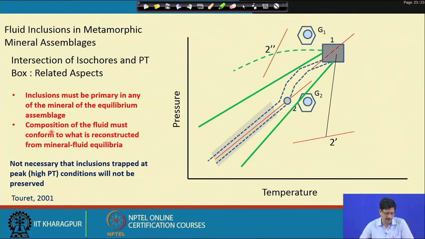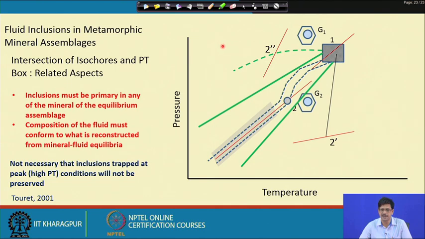This actually is a very intricate exercise, because if there is a mineral assemblage in which we are able to write a reaction to represent the particular assemblage, and if that reaction happens to involve a fluid phase, then by working out the reaction equilibria and the thermodynamic considerations, we would be able to reconstruct the composition of the fluid in terms of the fugacity of the components that is present.